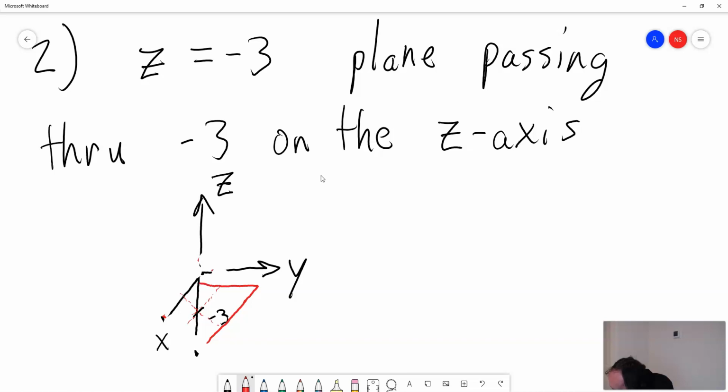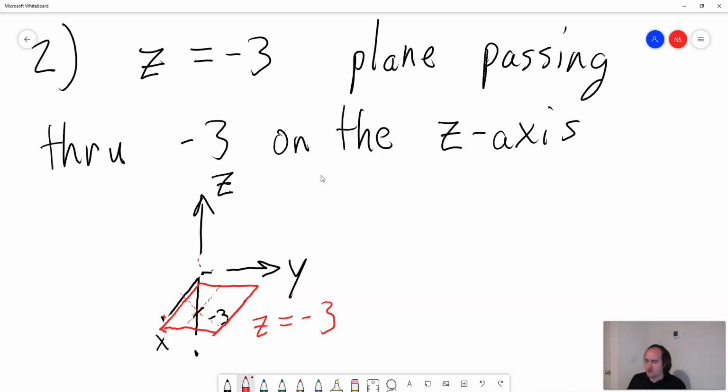So there was a problem with the perspective that I was doing. But this should be a bit better. Okay, so here's the plane z equals -3.